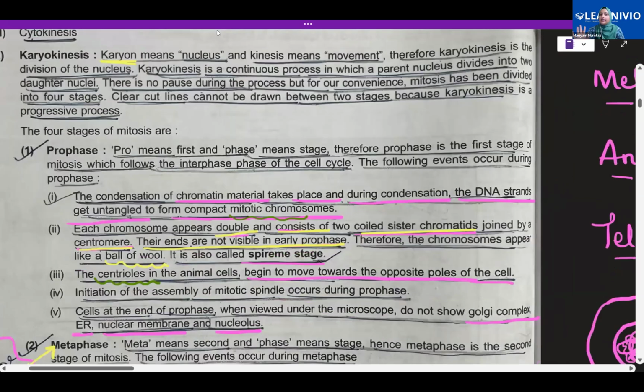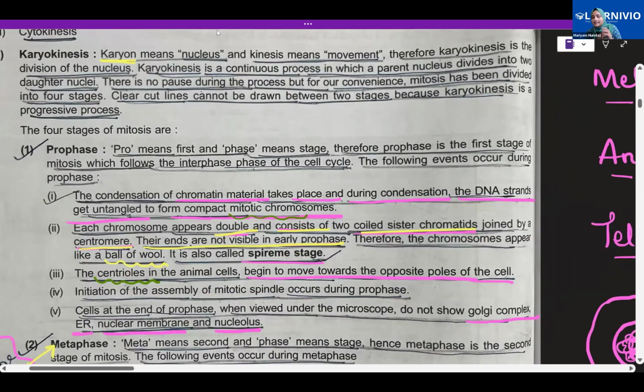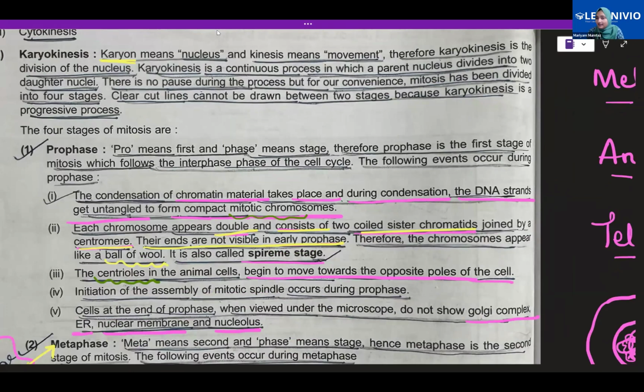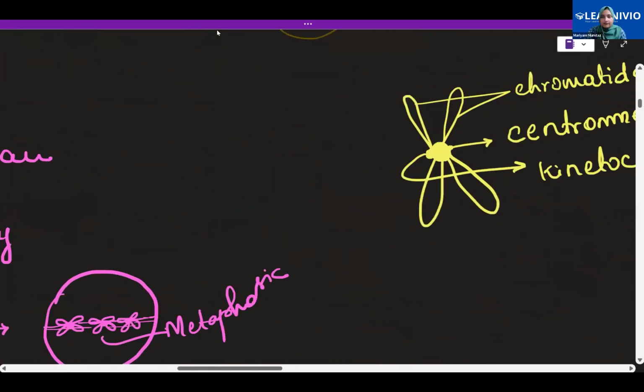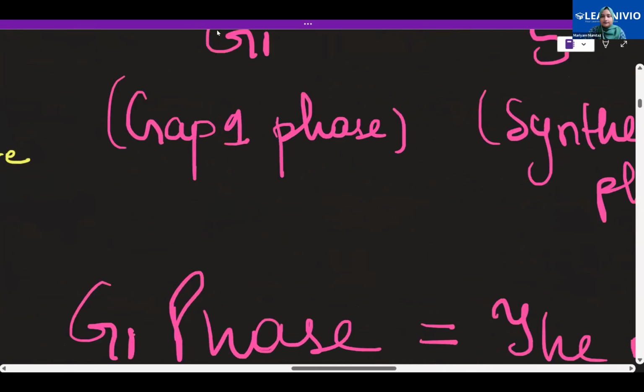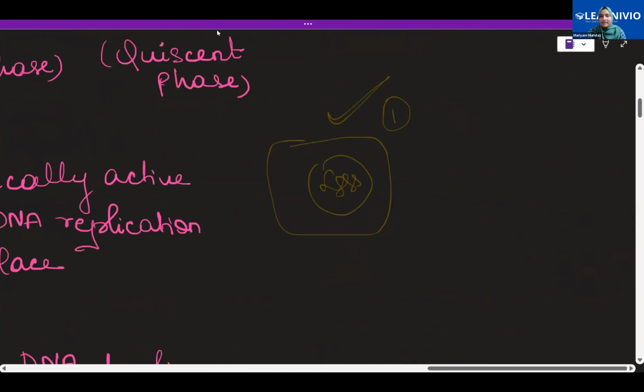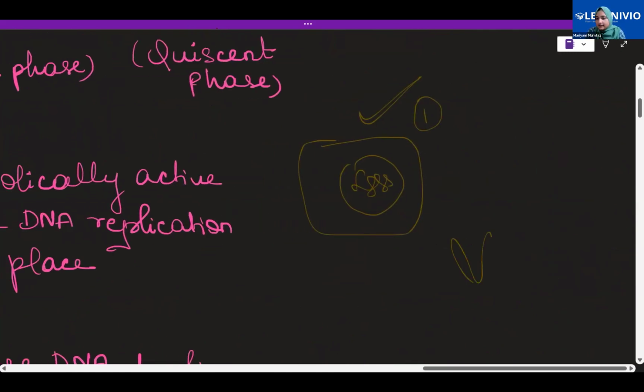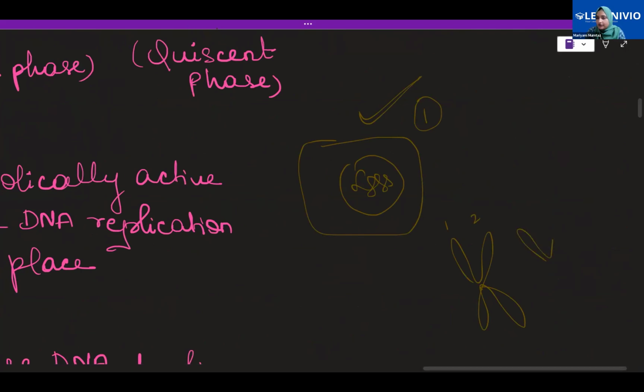So, in the first phase, the chromatin material starts to condense. The DNA becomes untangled, and now you can clearly see the chromosomes. You know that every chromosome is made up of two chromatids. One more thing, students. For example, if this is a chromosome, chromatids 1 and 2, and this is another chromosome, 3 and 4.